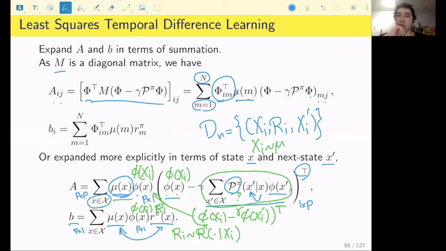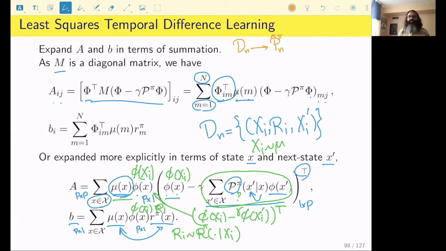Right. You could actually do that. You could use data and estimate p hat pi of n. We haven't talked about how, but it's kind of clear. If it's a finite state problem, you can count how many times you have gone from state 1 to state 10, say, and divide it by the total number of times.